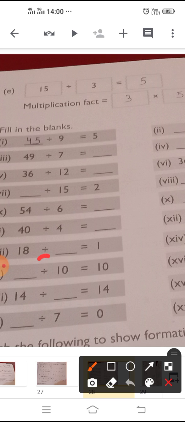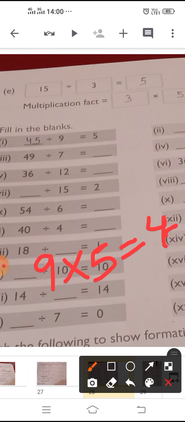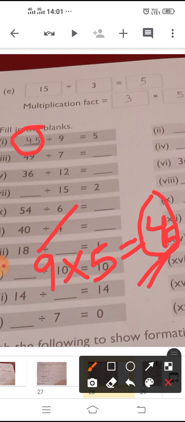If we do 9 into 5, that will give you 45. So when we use the multiplication fact, the total number is the same. So in the blank it should be 45 divided by 9, that will give you 5. Understood? We are taking the total number that we have to use. So I applied this multiplication property so that I get the number that should be divided.